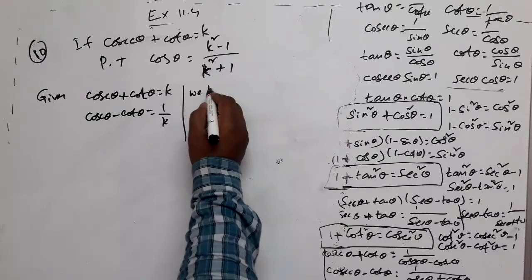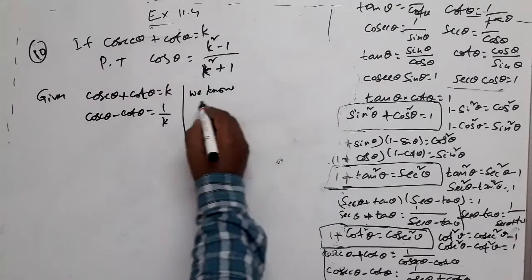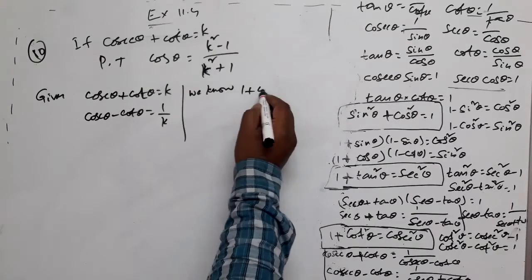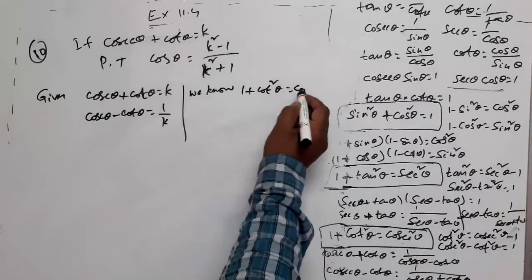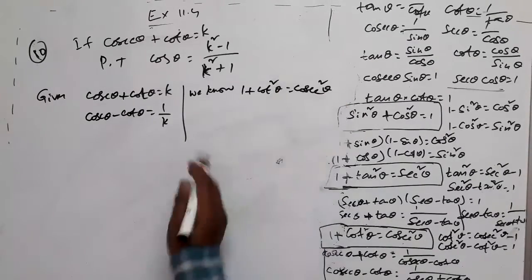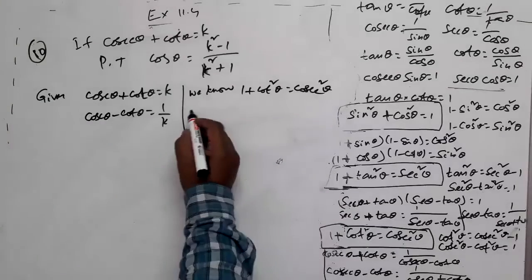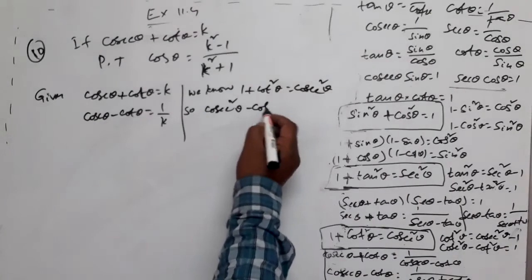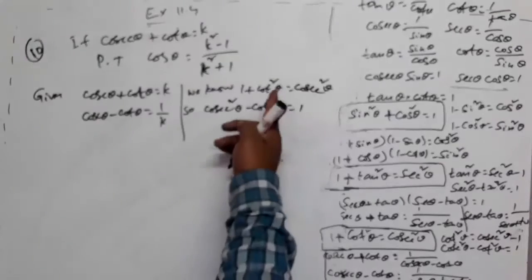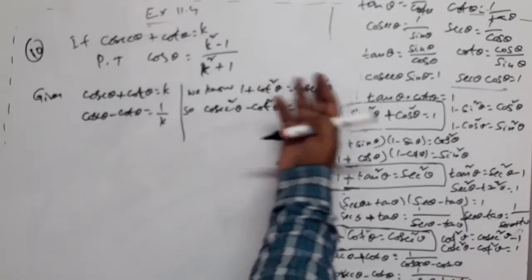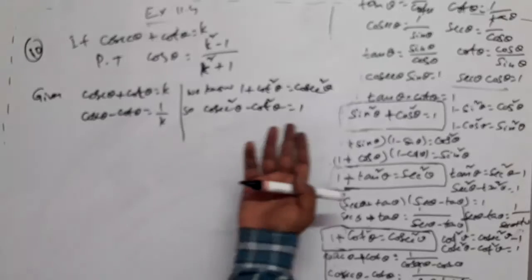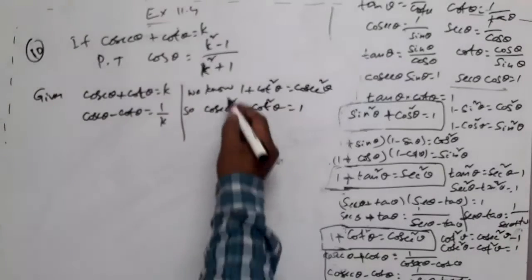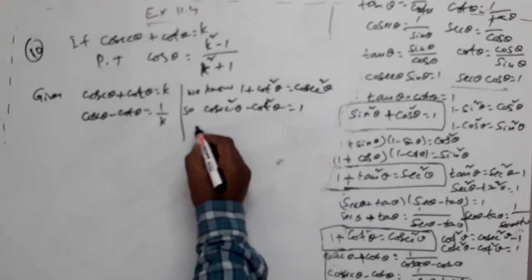Let us do all those things here. We know from identity 3, 1 plus cot square theta is equal to cosecant square theta. From that, cosecant square theta minus cot square theta is equal to 1. I will take this term to the other side, that will be minus cot square theta. That is what I have written here, is equal to 1. This is the form a square minus b square, so a plus b into a minus b I can write.